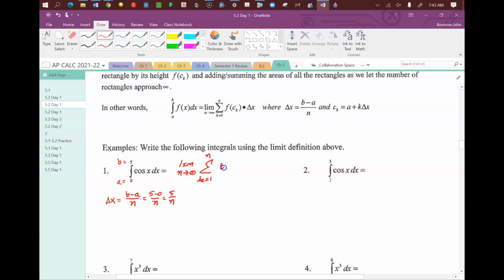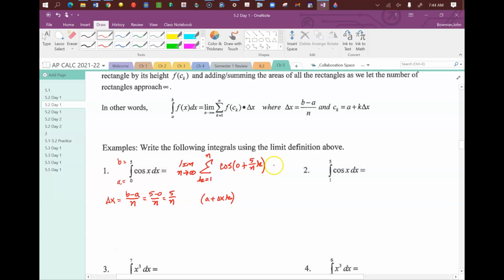We're going to evaluate the function cosine at each of those values within each of those rectangles, even though they're approaching infinity. And the way we do this is we start out by evaluating at a plus delta x times k. So in this case, we are going to start out evaluating at 0 plus our delta x, which is 5 over n, times k.